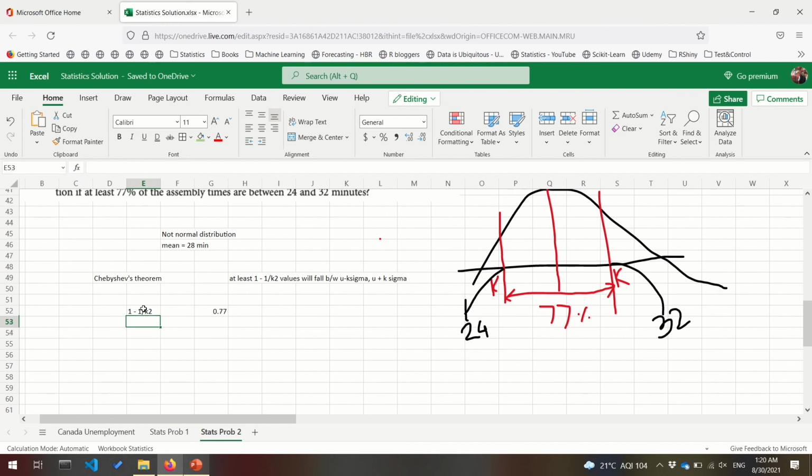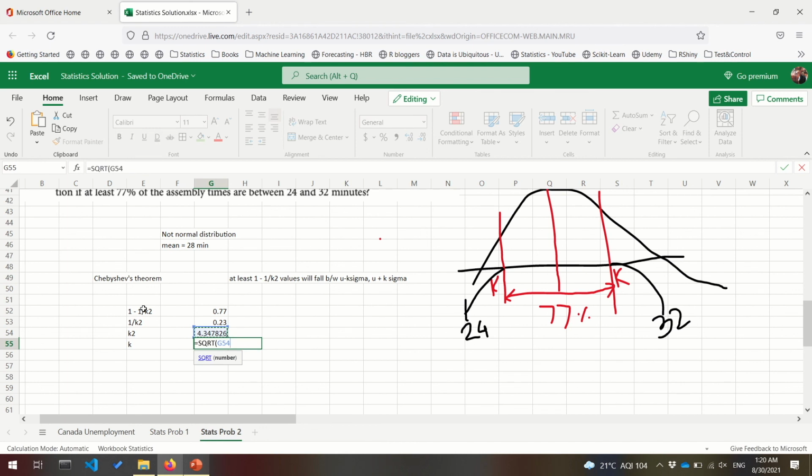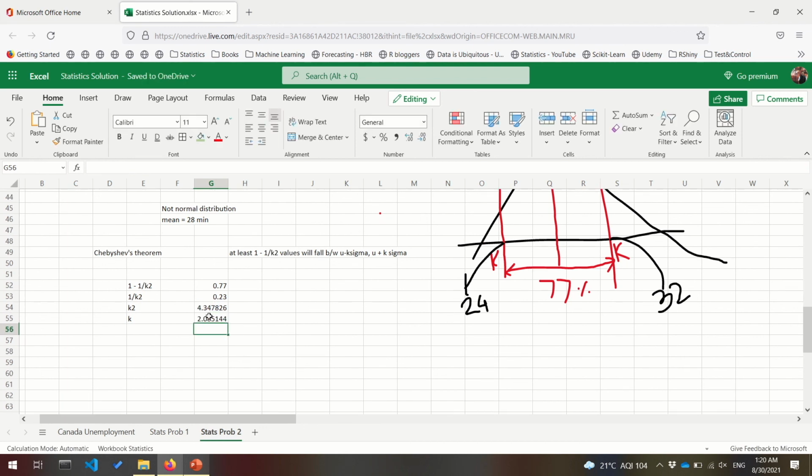If I solve this equation, 1 by k square is equal to 1 minus 0.77, so k square is equal to 1 divided by 0.23. So k is equal to the square root of this, which is 2.08. That's how I got the value of k.